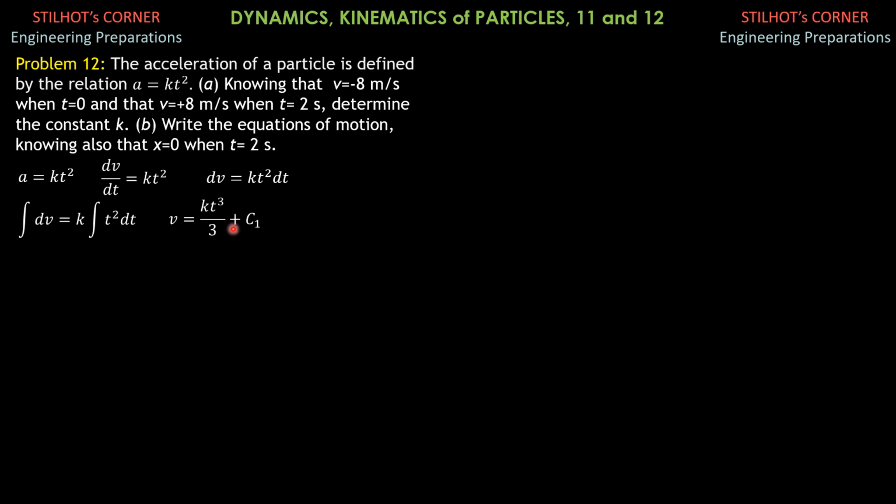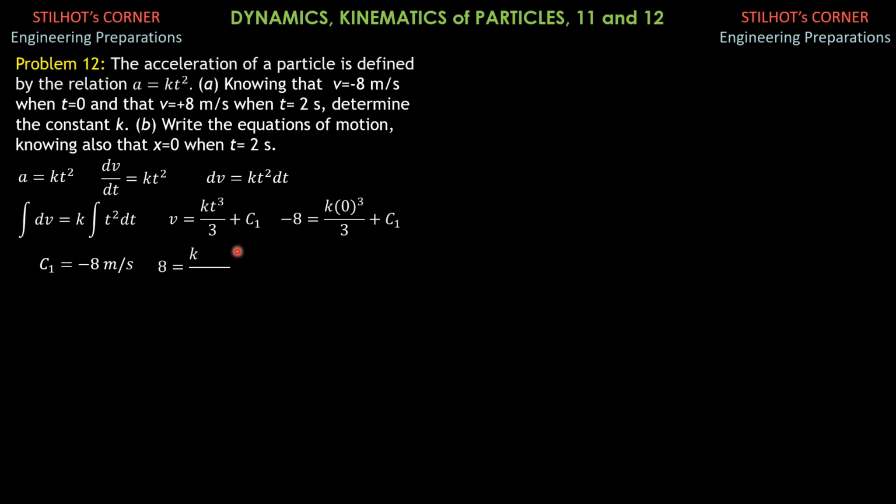Then we evaluate c sub 1 because when time is 0, v is negative 8. So negative 8 equals k times 0 cubed over 3 plus c sub 1. So c sub 1 is equal to negative 8 meters per second. Then for the second condition, when time is 2, v is 8, so that we can evaluate k.